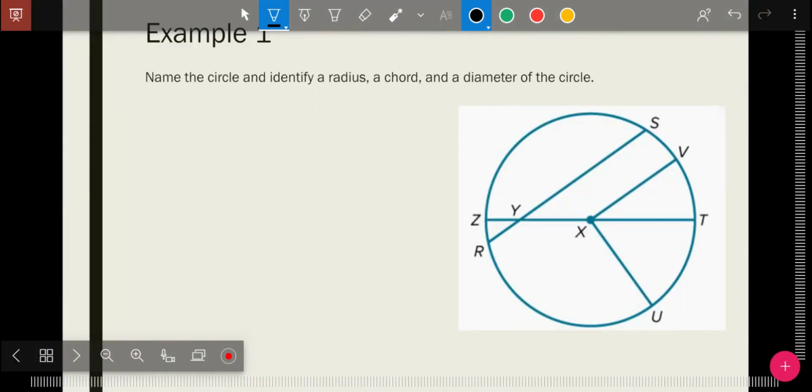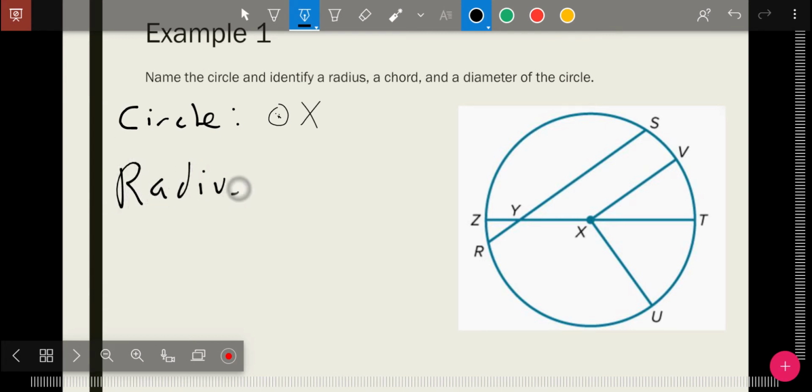And so that is what we're going to have to do here in our first example. Name the circle and identify a radius, a chord, and diameter. And so the circle itself, how would I name that circle? Well, I would name that circle using its center. And so I would name the circle X. Probably need that to be a better dot in there. Or I could name a radius.